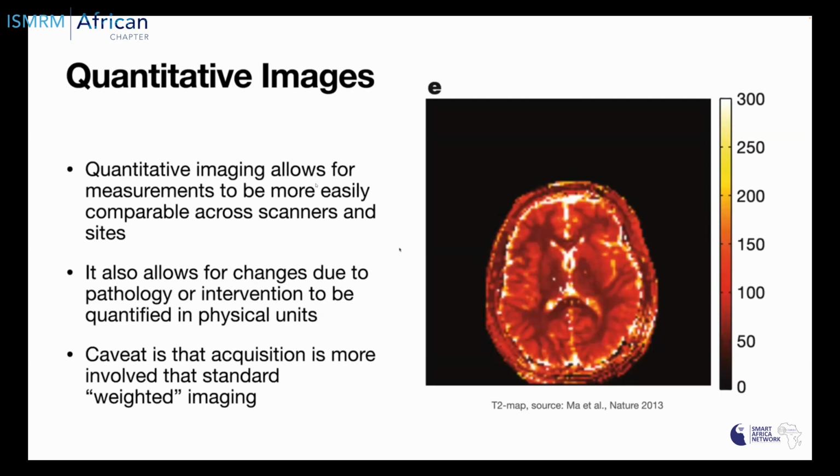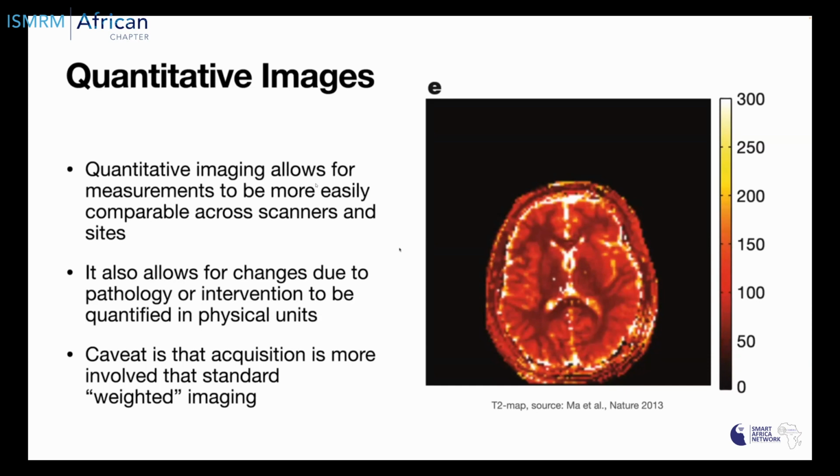It also allows us to quantify changes due to pathology or interventions in terms of physical units, again, because signal changes, you can always represent things as percent signal changes, which we often do. But in some cases, it is beneficial to understand quantitatively what exactly has changed in a specific physical unit.